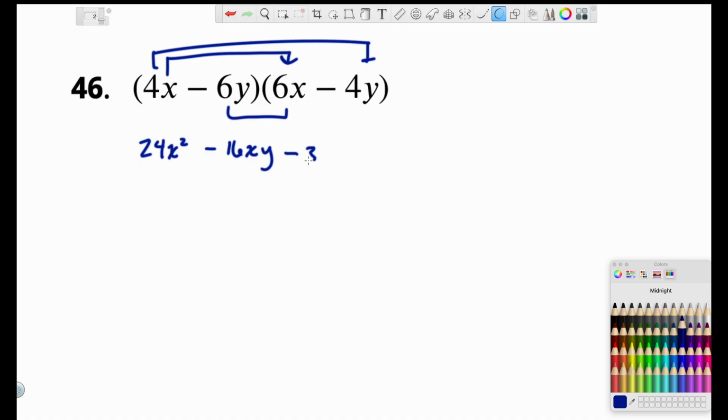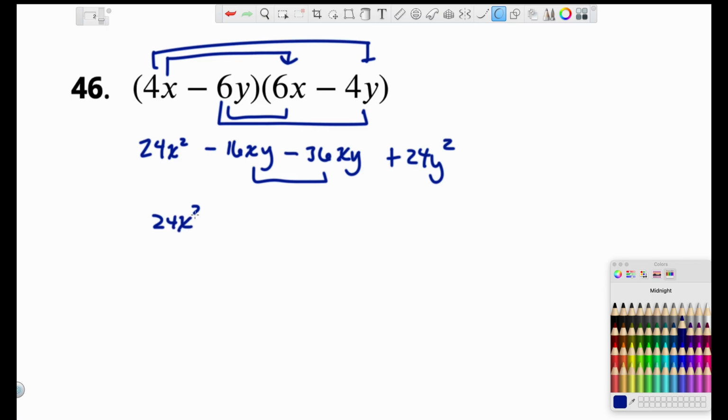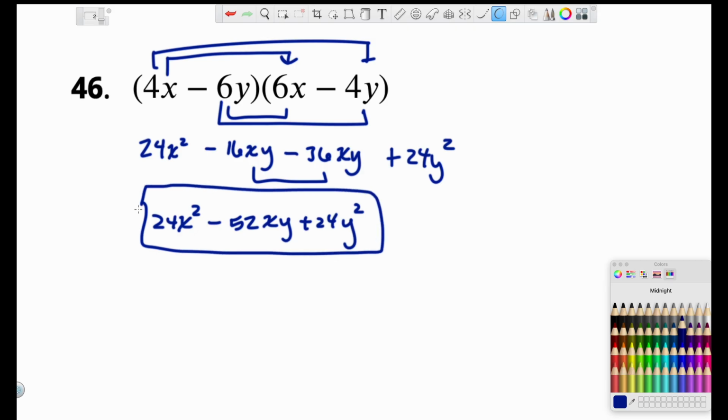That's going to be negative 36xy. And then last, positive 24y squared. And then these two add up, we get 24x squared minus 52xy plus 24y squared. And that's done.